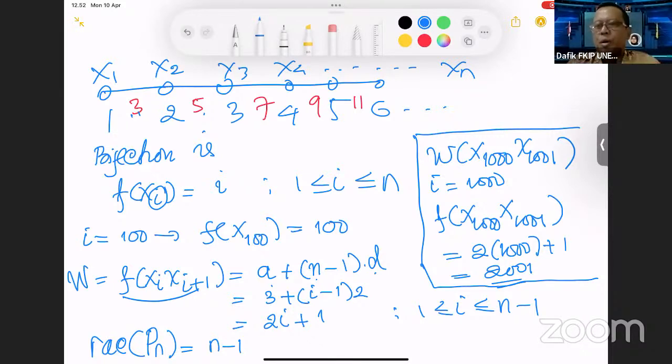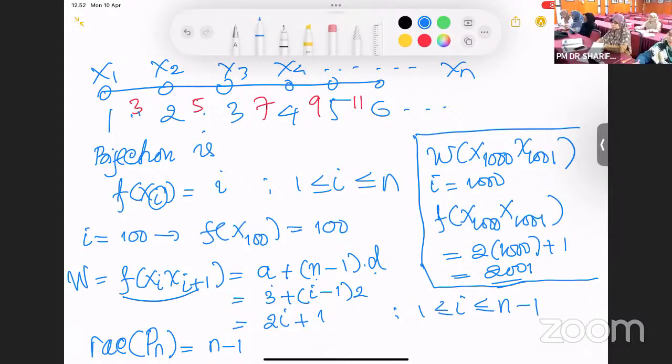So how to write the lemma or theorem of this case? Have you made the notes for this one? Yes.